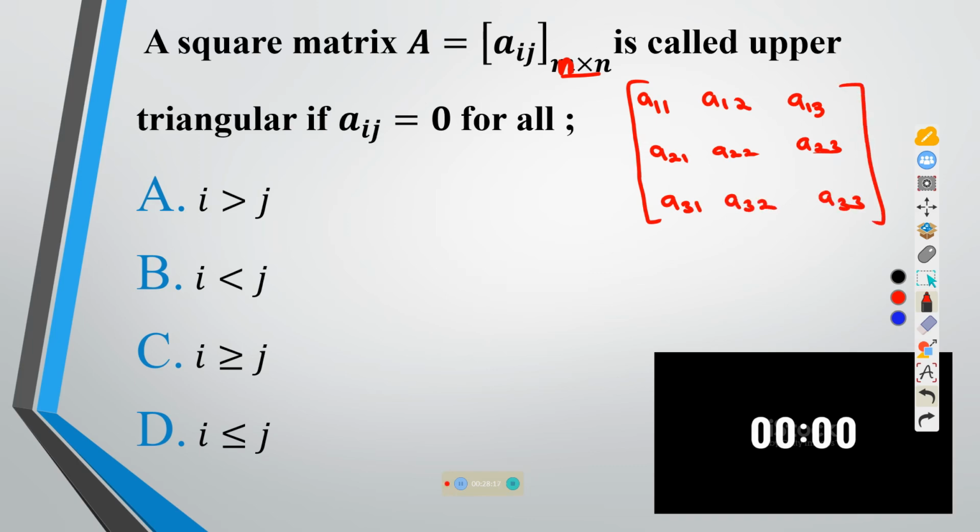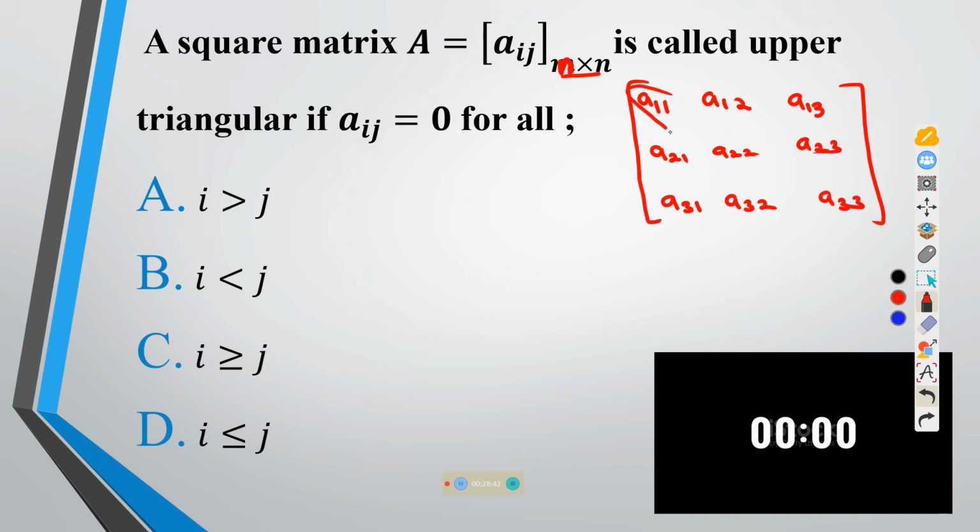We shall say that this matrix is upper triangular if Aij is equal to 0 for all. For it to be called upper triangular, all entries below the main diagonal must be equal to 0.